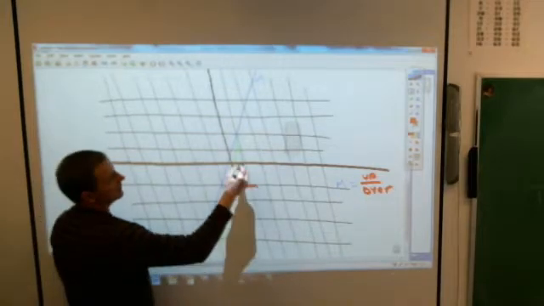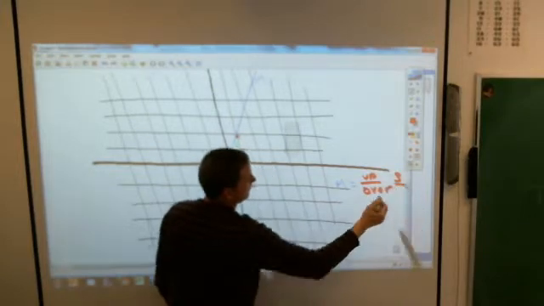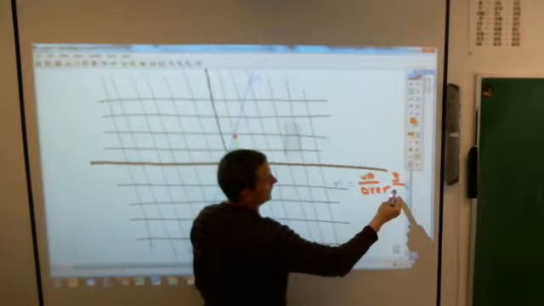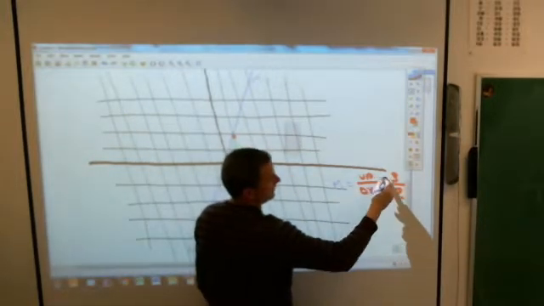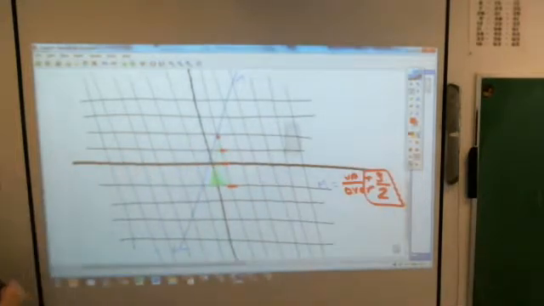It is 1, 2, 3 high, right? And it is how far over? Yes, 2. Thank you for that. So my slope, and because it goes uphill, it's a positive slope, right? Nothing earth-shattering yet, right?